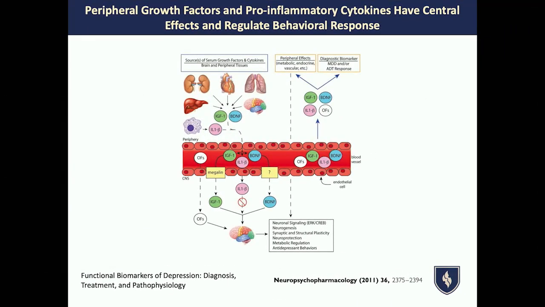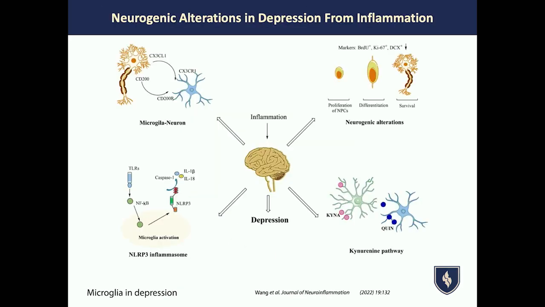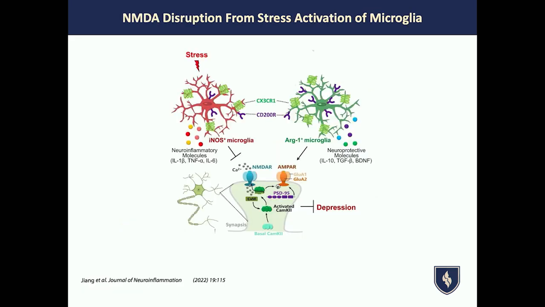So lots of cytokines, lots of inflammatory markers that are involved in inflammation. And inflammation is going to disrupt neuron transmission, it's going to activate microglial cells, it's going to disrupt neurotransmitter pathways. The kynurenine pathway, which we'll get into in much more detail, is involved. How astrocytes work with neurotransmitters at the synapse is involved. So those are all key factors.